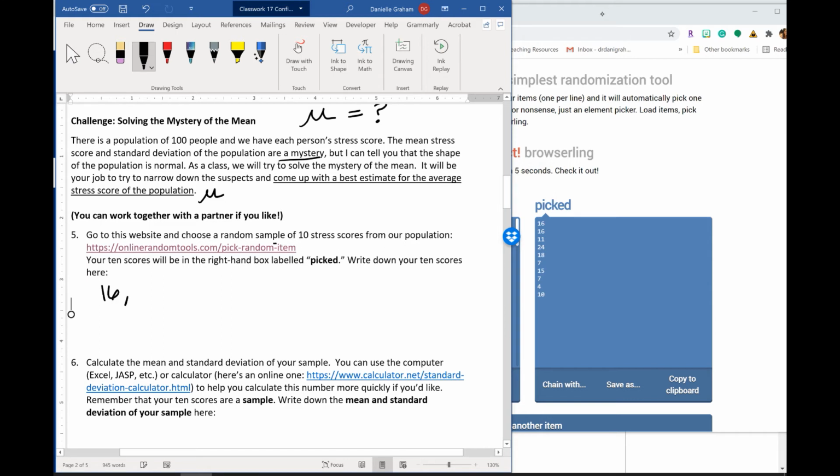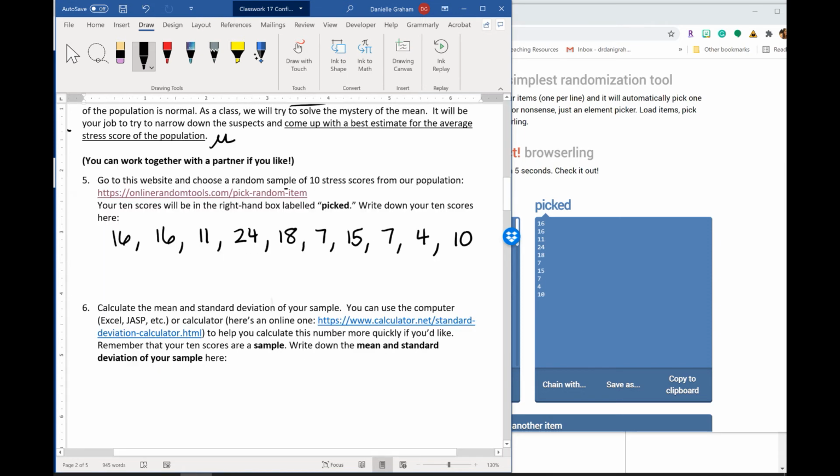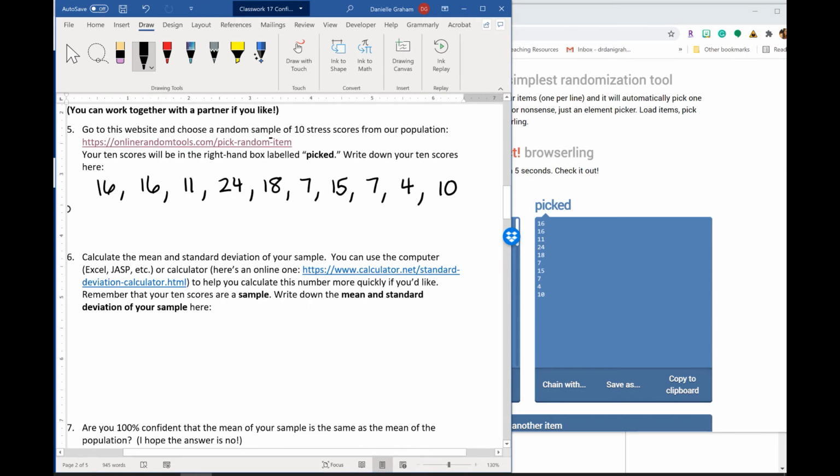So 1, 2, 3, 4, 5, 6, 7, 8, 9, 10. Okay. Whatever I messed up last time, I didn't mess up this time. Here are my 10 scores for my random sample. Okay, so now I'm done with this website. I don't need this website anymore because I have my 10 scores picked.